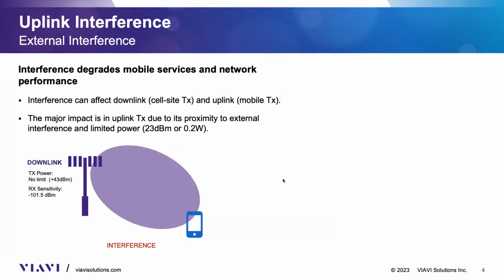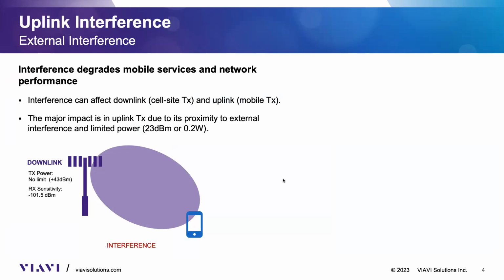Okay, so interference, as we know, affects the uplink. When the downlink is transmitting, let's assume the radio is typically transmitting at a 43 dBm power, and it has a sensitivity that depends; you might remember all the different sensitivity levels we presented in a matrix when we talked about PIM.